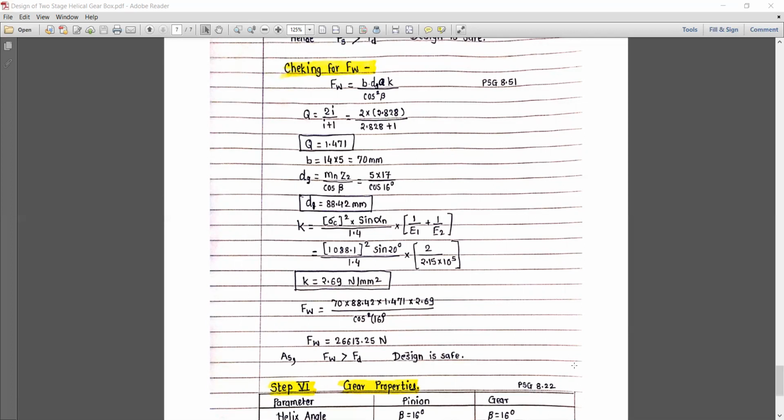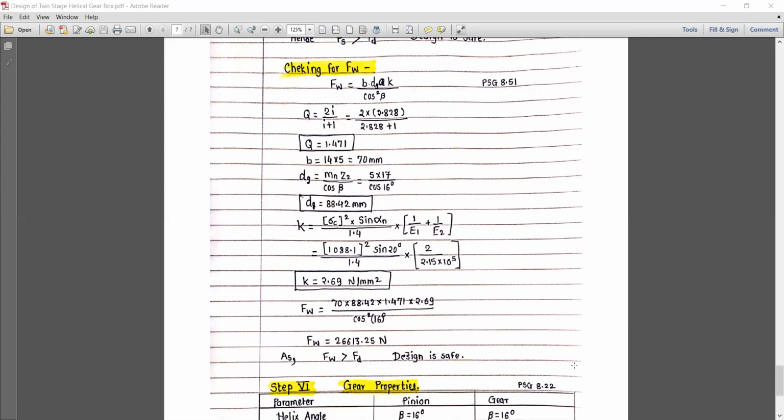So the diameter of the gear is equal to 88.42 mm. The value of K is sigma c square into sine of normal pressure angle divided by 1.4 into 1 upon E1 plus 1 upon E2. Here both materials are steel, so the values of E1 and E2 are 2.15 into 10 raised to 5. Putting all the values, we get K equal to 2.69 Newton per mm square.